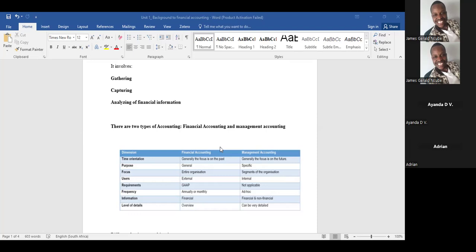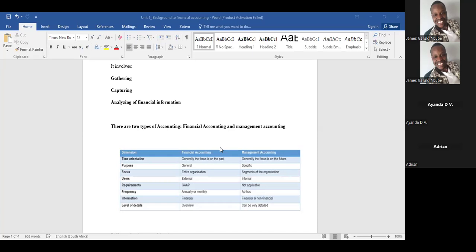The focus: in financial accounting, it's the entire organization, whilst in management accounting, it's segments of the organization. The users of financial accounting are external, whilst the users of management accounting are internal. Also, financial accounting should comply with GAAP, the generally accepted accounting principles, whereas for management accounting, it's not really applicable, right?